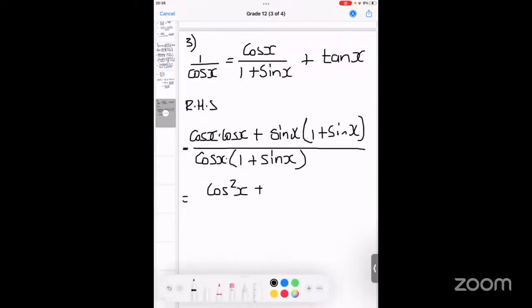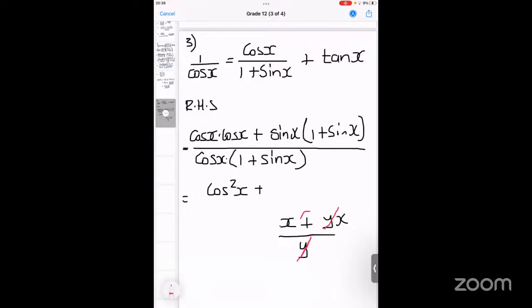Because it's like you have x plus y divided by xy, and then we say y there. You can't cancel that with that because of that sign. Okay, so do I just FOIL out the brackets?